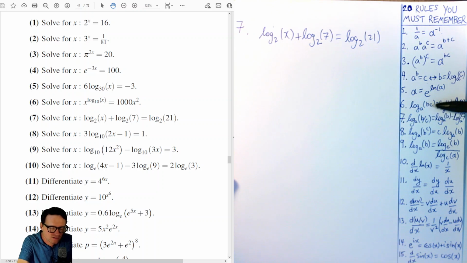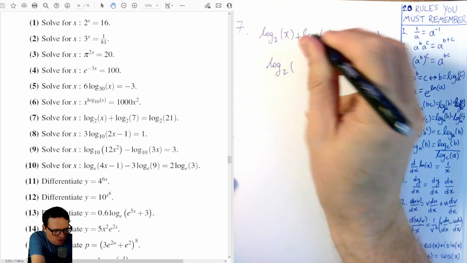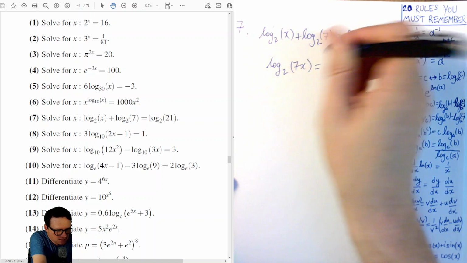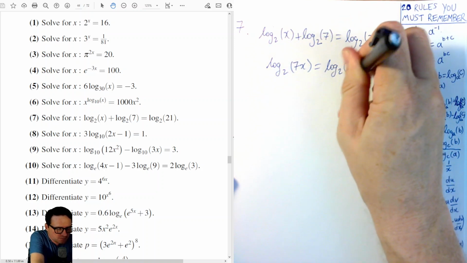That the log of the product, it's the sum of the logs, except we want to go from the sum to marrying that up in terms of log to base 2 of x times 7. Okay, so let's do that with our left-hand side. We have log to base 2 of 7x is log to base 2 of 21.